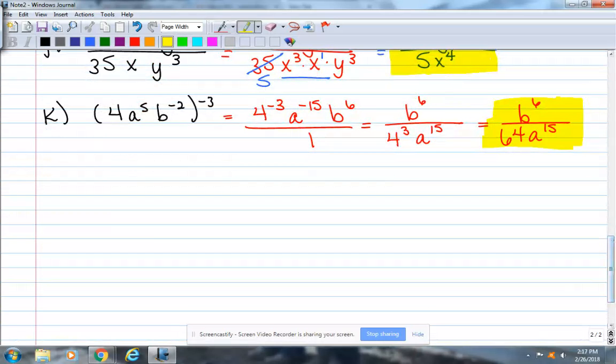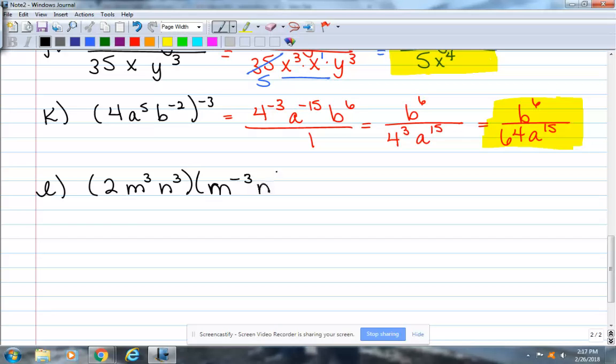Okay. Let's see a few more of these. J, K, L. I just want y'all to see everything that you're going to see on the homework for sure. M to the 3rd, N to the 3rd times, not R, M to the negative 3rd, N to the 5th.